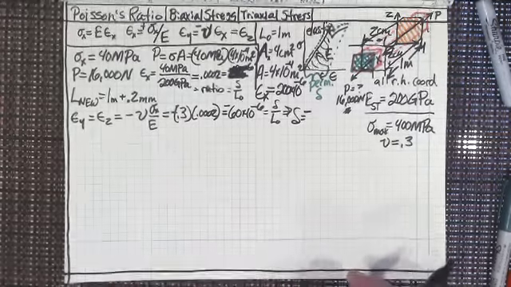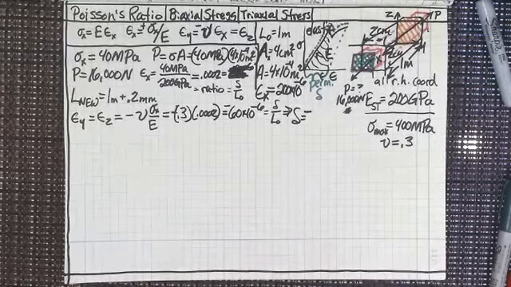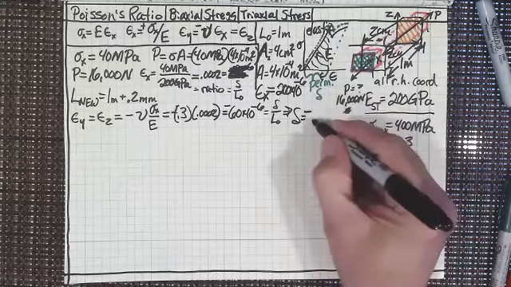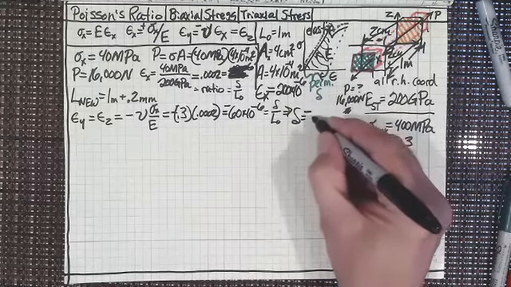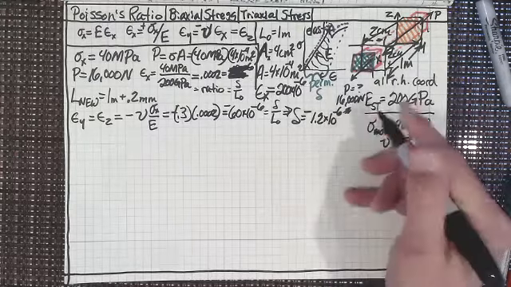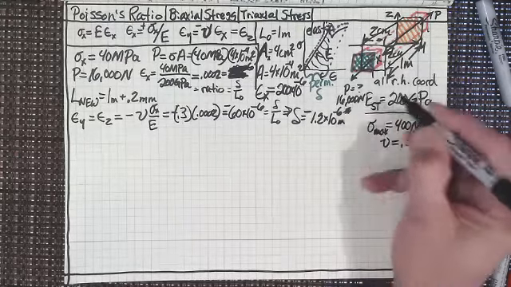Let's do this: 0.02 times 60 exponent minus 6. And that gives me a deformation of minus 1.2 times 10 to the minus 6 meters, right?